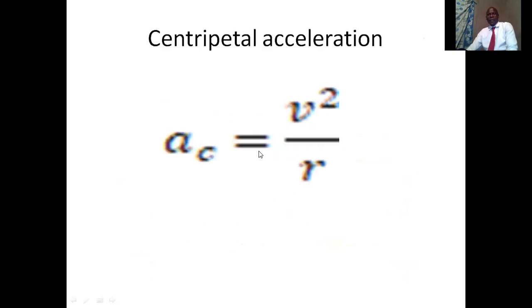Centripetal acceleration points towards the center and is given by the velocity squared over the radius of that curve or circle.